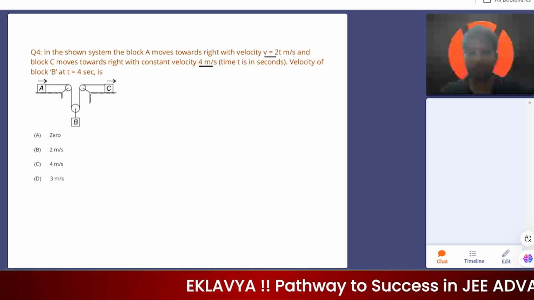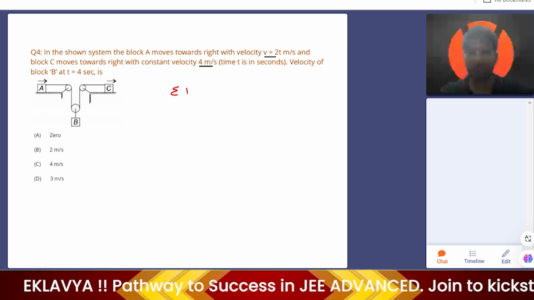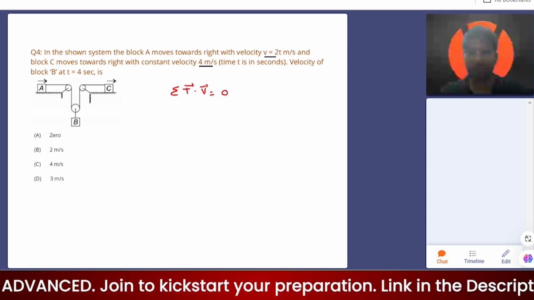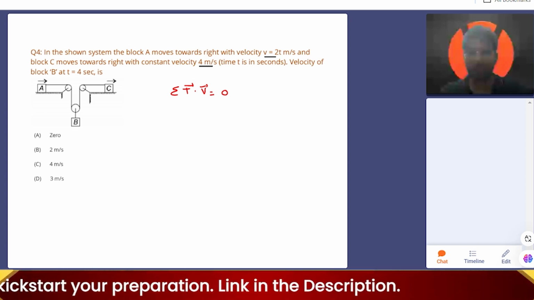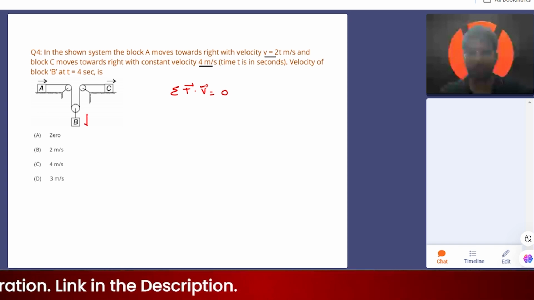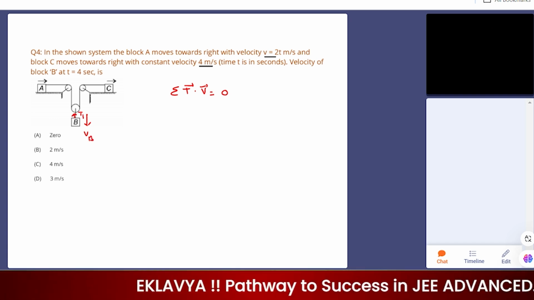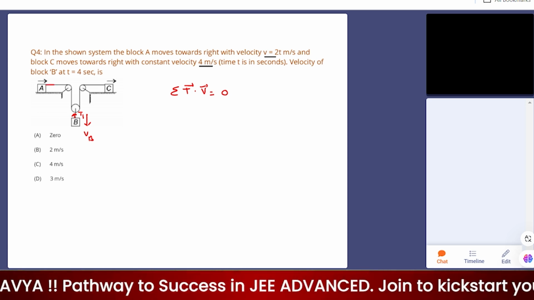I'll use the constraint relation in the energy method, that is, the summation of the dot product of tension and velocity must be 0. So I'll consider that the object B is going down with velocity Vb while it has a tension T1 upwards.